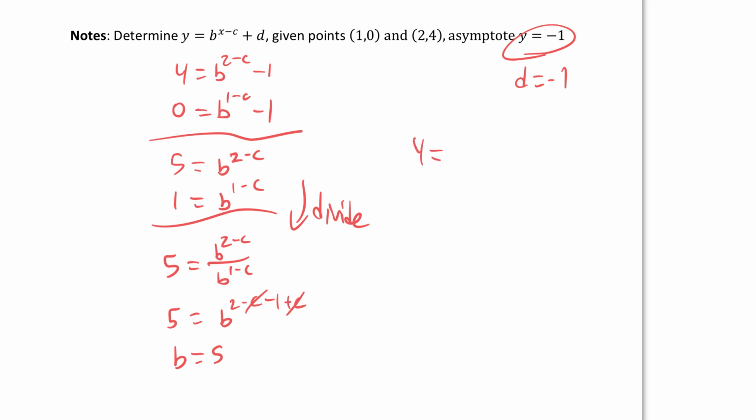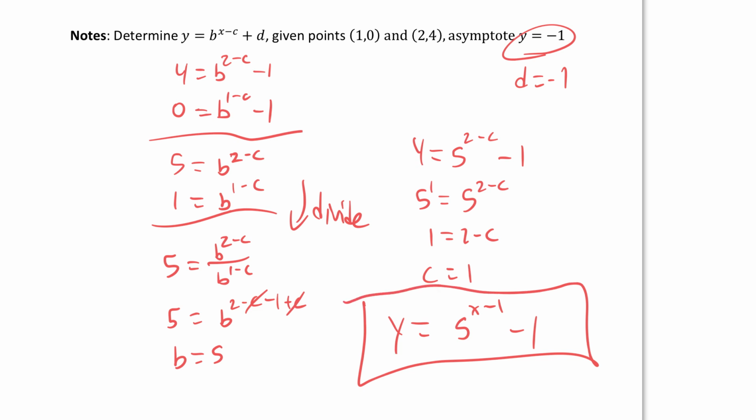So 4 equals 5 to the 2 minus c, minus 1. 5 equals 5 to the 2 minus c, so we'll call that 5 to the 1. Drop the base, and you get c equals 1. So our final equation is y equals 5 to the x minus 1, minus 1.